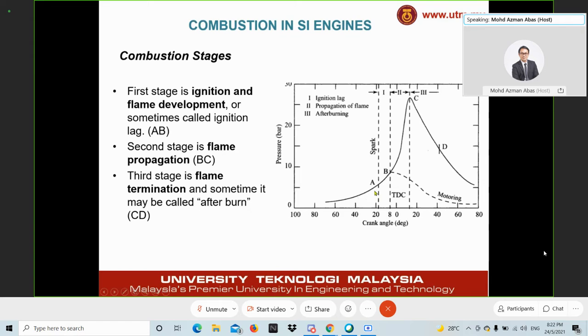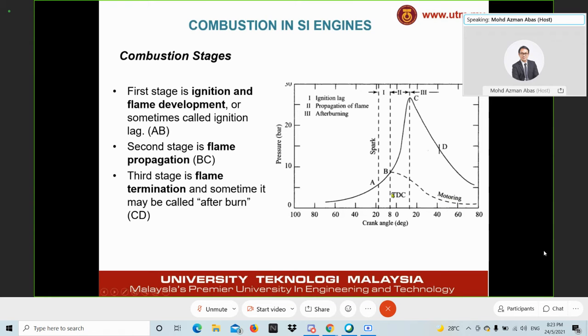If you can imagine that the spark plug starts to trigger at point A, that would signal that the first phase, the ignition and flame development, starts to happen.